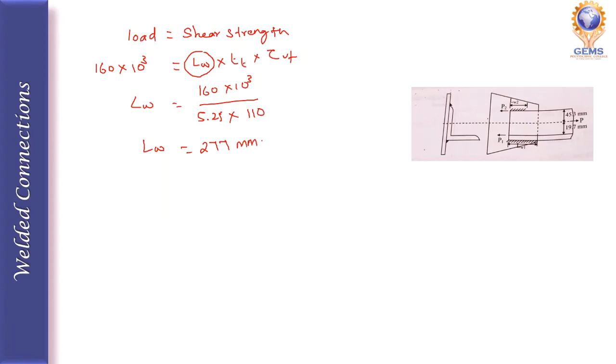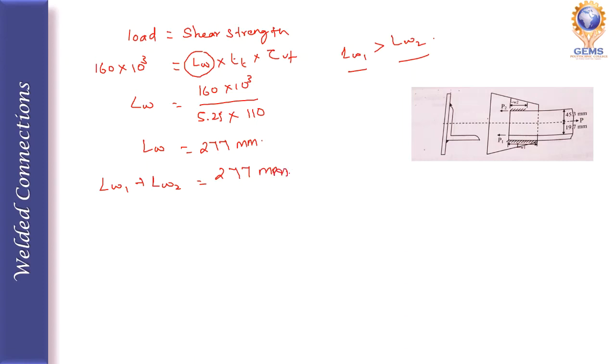So we have to divide this effective length between heel and toe. See in the diagram, do heel and toe have the same length of fillet weld? No. LW1 is greater than LW2, so we cannot divide it equally. We have to find LW1 and LW2 separately. This LW is the total effective length, so LW1 plus LW2 is equal to 277 mm.